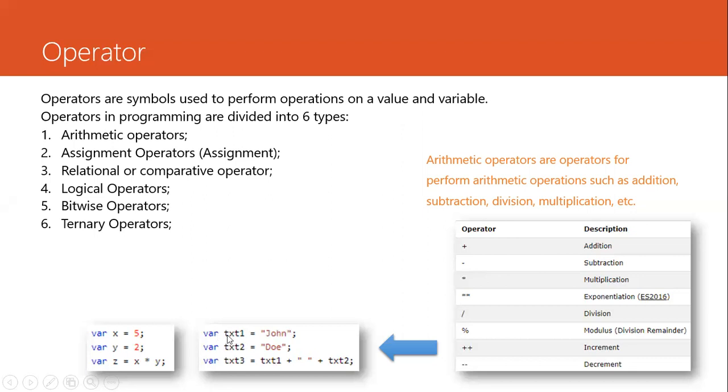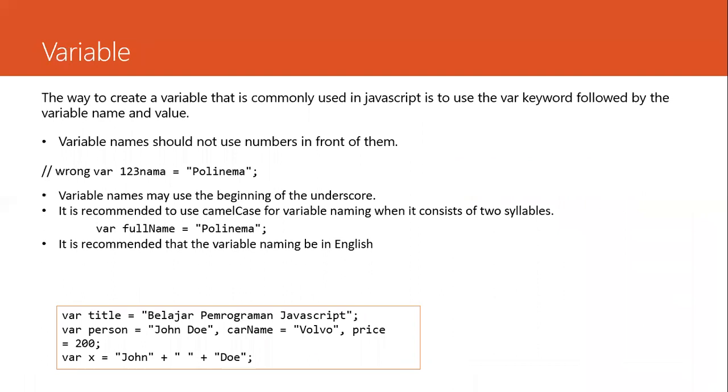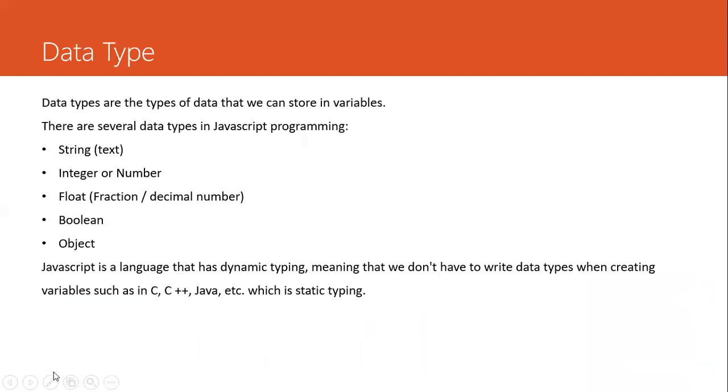The first, txt1, has the string John, and the second has another string. In the third variable, txt3, we add the string txt1 and a space and txt2, like the example in the variable before.